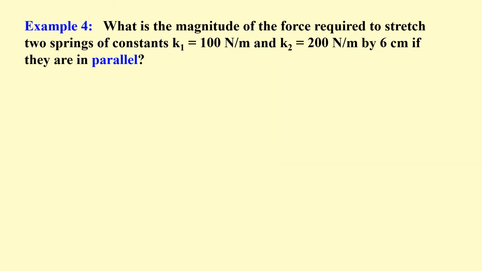Example number 4. What is the magnitude of the force required to stretch two springs of constants k1 equals 100 newtons per meter and k2 equals 200 newtons per meter by 6 centimeters if they are in parallel? Solution.